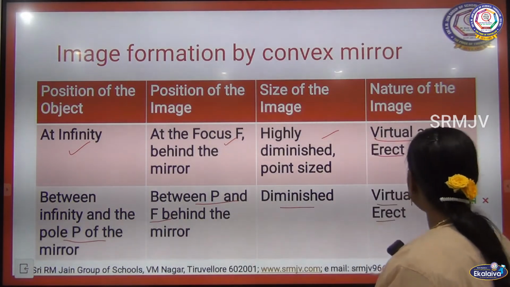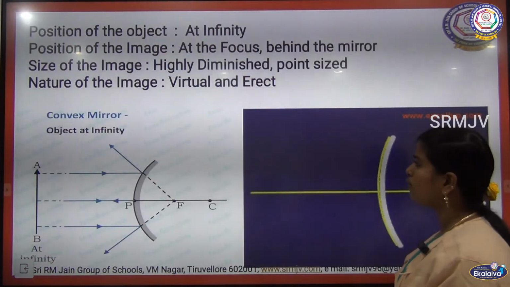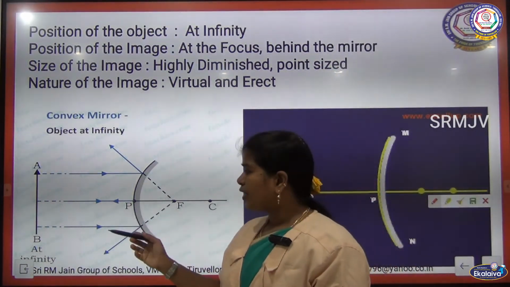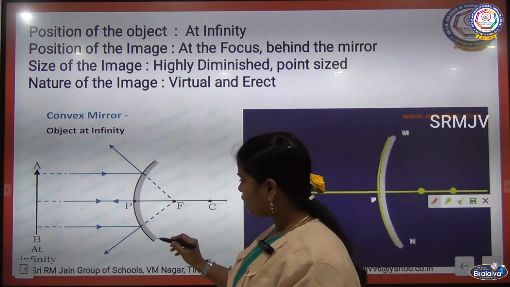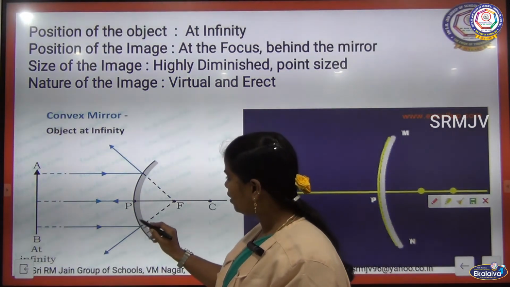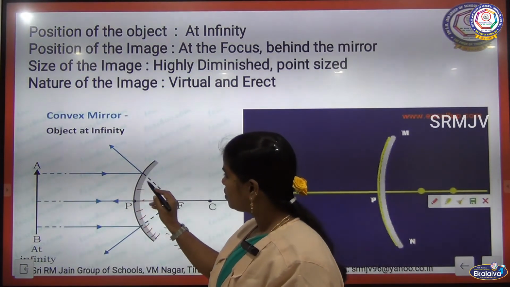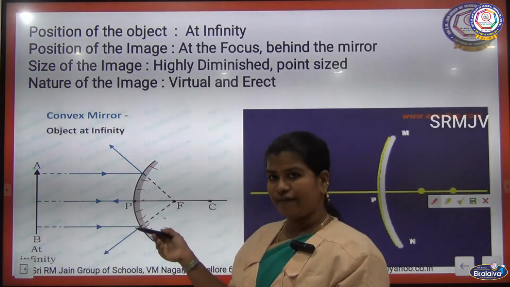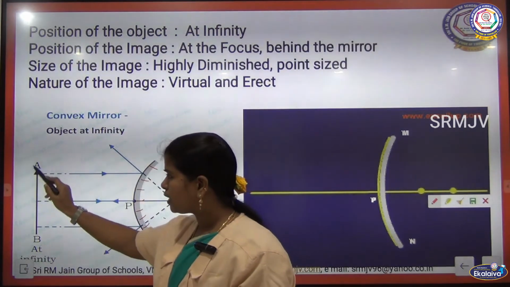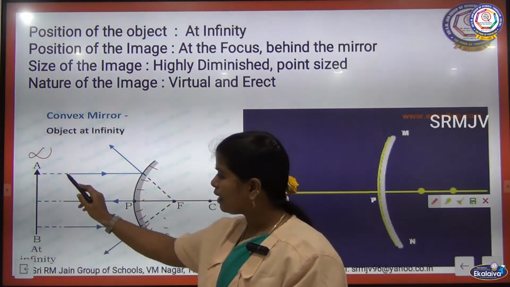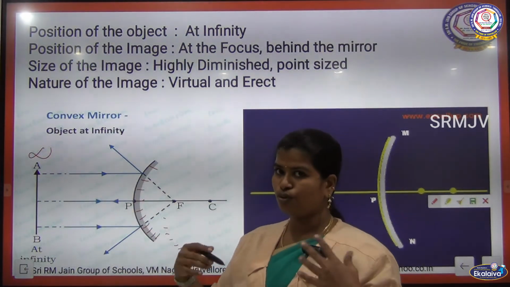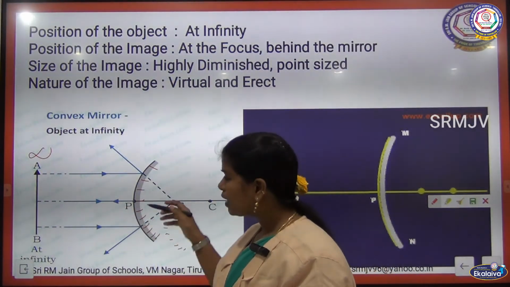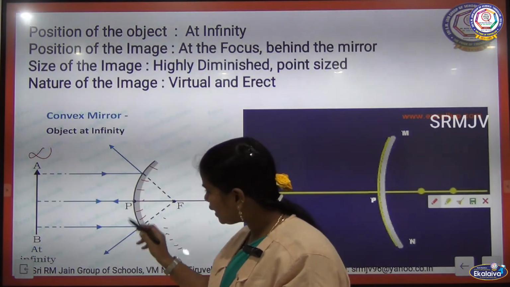Now let us picturize this tabular column. This is the first case. In the first case you can see a convex mirror. In the convex mirror, the non-reflecting surface is inside the sphere, so the outside is the reflecting surface. The object is at infinity, so we are getting parallel rays. You know the first rule: if the ray is parallel to the principal axis, as it is a diverging mirror, it will get diverged.